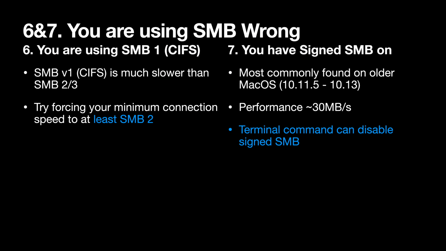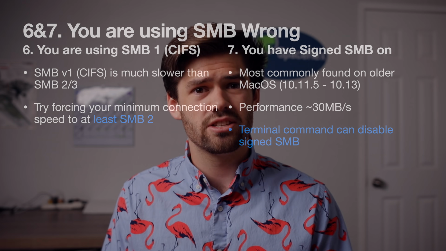All right, and so now 6 and 7 is SMB issues. So number 6 is you are using SMB version 1, aka CIFS. So SMB version 1 is a lot slower than its preceding versions and can really slow you down, especially on 10 gigabit connections. So I would really recommend turning off SMB1 if at all possible and forcing at least SMB2 connections.